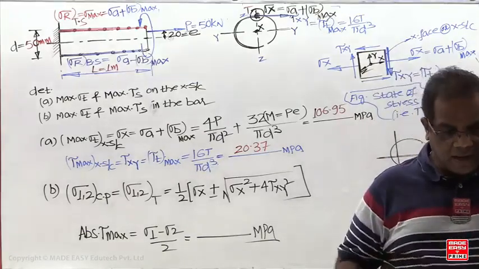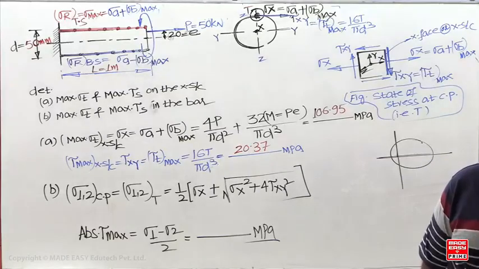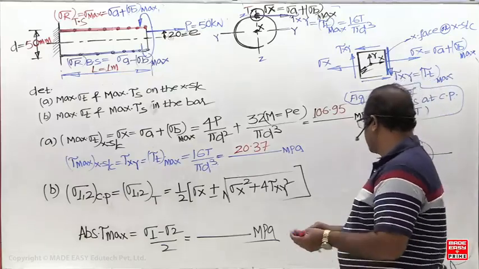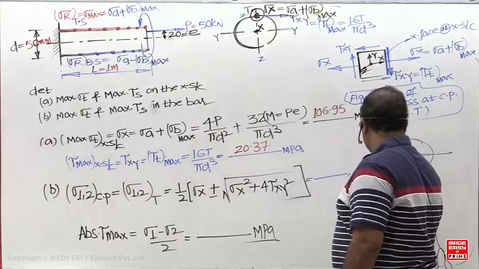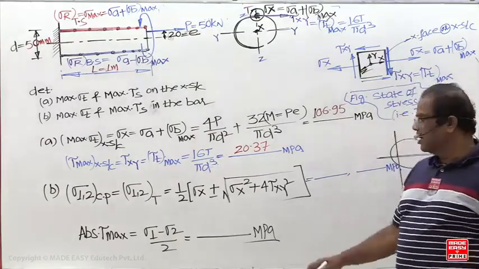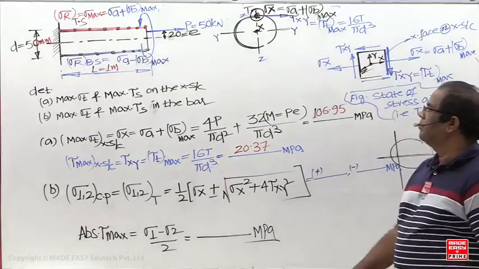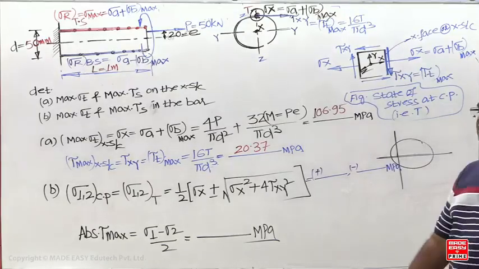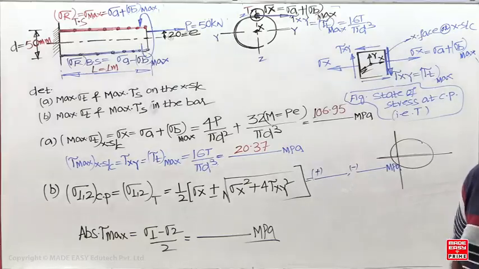Your sound is okay. Give me these principal stress values. Anybody? One you should get positive, one negative. The first value is positive and the second value you are going to get negative.